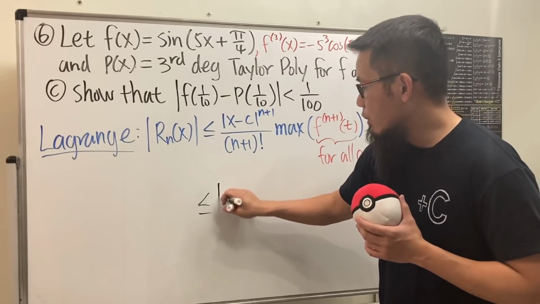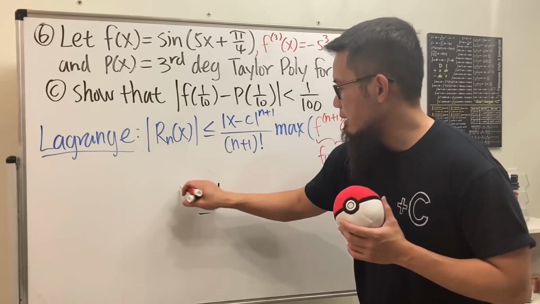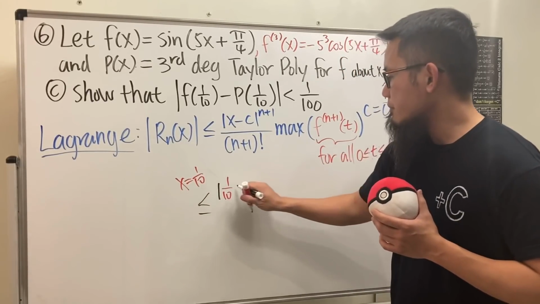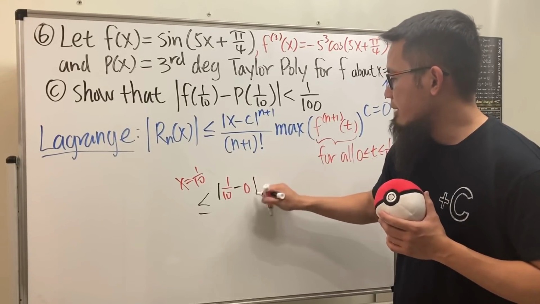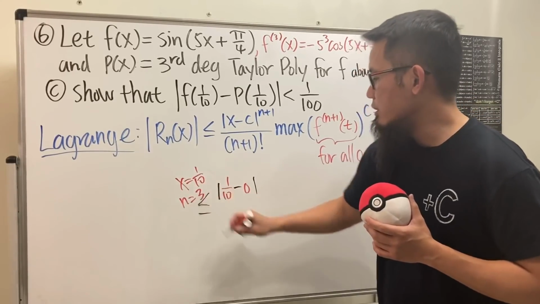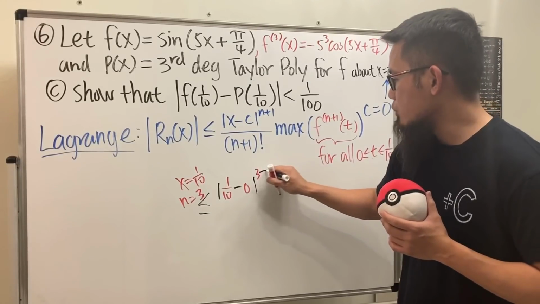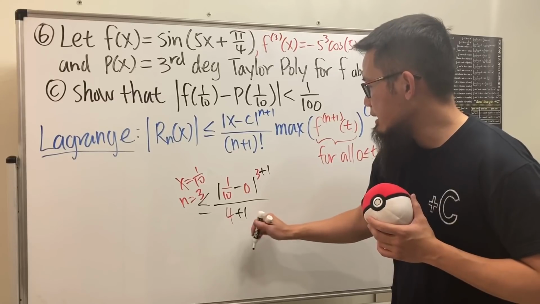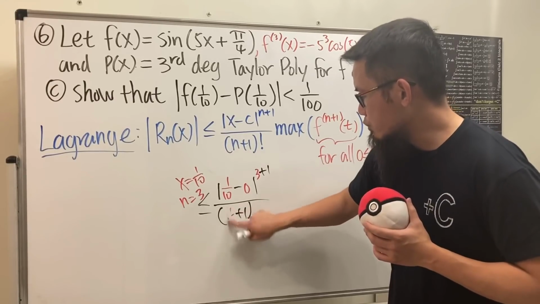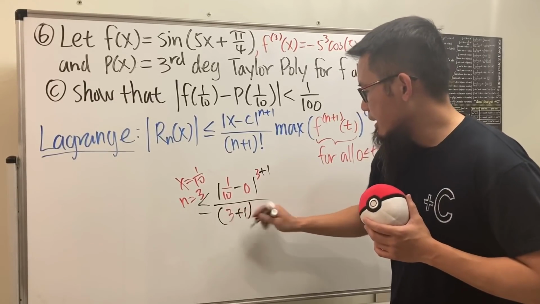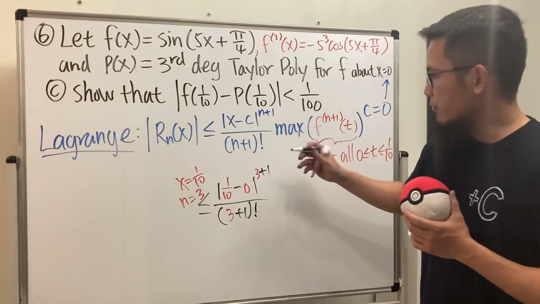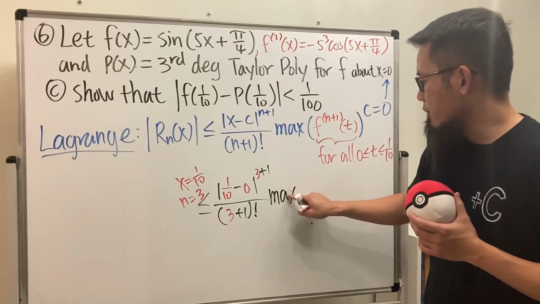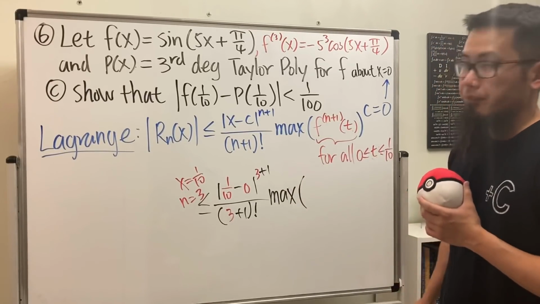So here we have absolute value of 1 over 10, and let me just say x is equal to 1 over 10. 1 over 10 minus the c, which is 0, and then the n is equal to 3 as we mentioned earlier. So we have 3 plus 1, which is 4, and over 4 plus 1, and then we factorial, 3 plus 1, and then factorial that, and then we have to find the maximum of our fourth derivative.